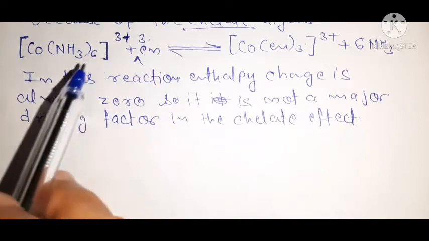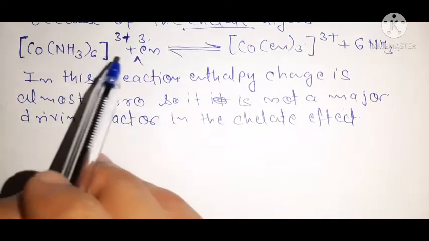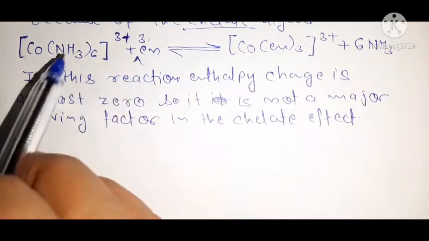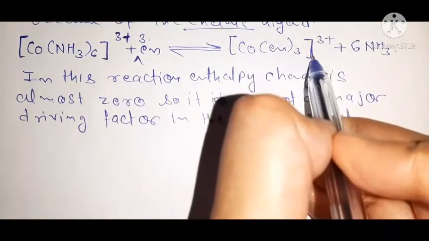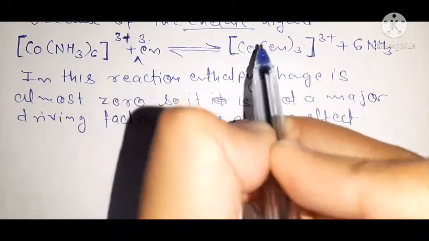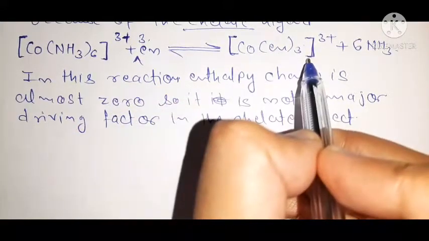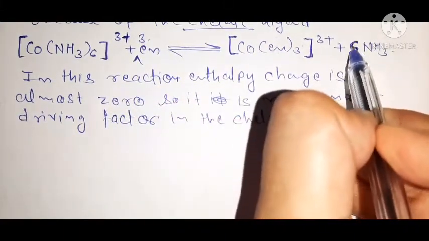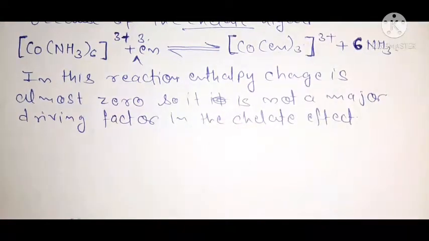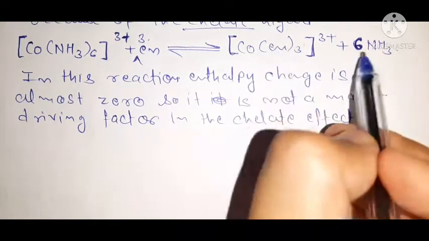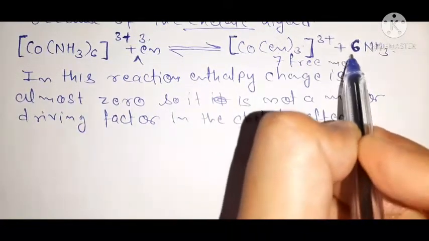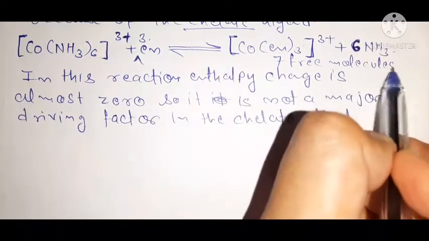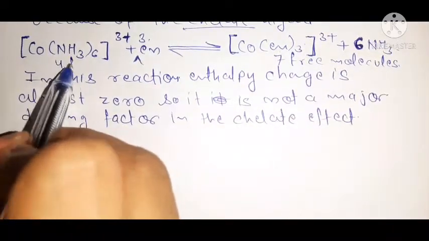But when this chelating ligand replaces this NH3 ligand, so now after the reaction completion, see here 1 molecule of product and 6 molecules of NH3 ligands are present in your reaction solution. So here 1 plus 6, 7 free molecules are present after reaction, where 4 free molecules were present before reaction.